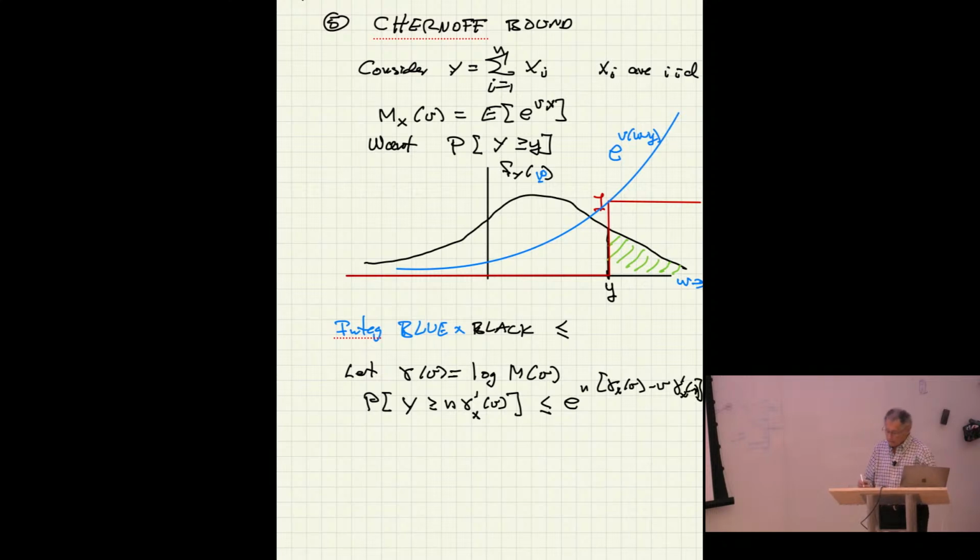Now that looks a little, that's a v. I'm not telling you how to get that, but I'm telling you that is the Chernoff bound, and it tells you how big the tail can be.